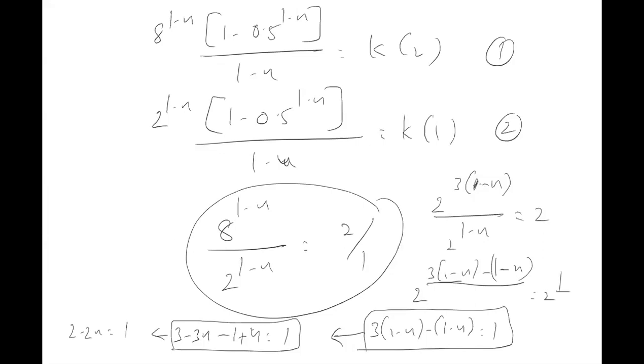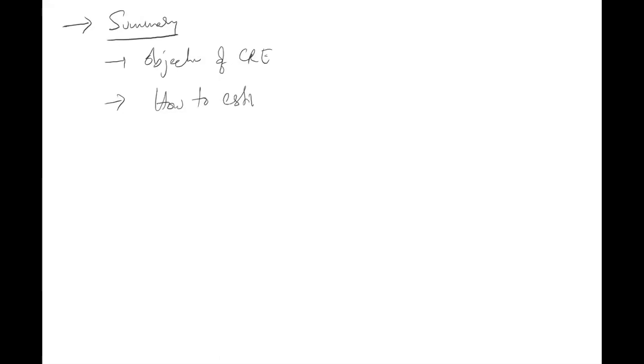I think only 1 minute is left, so let's summarize what we have done so that tomorrow we can start from there. In today's class summary, we discussed the objective of CRE, that is, the design of reactors. Second, we discussed how to estimate the rate of reaction, minus r_A.